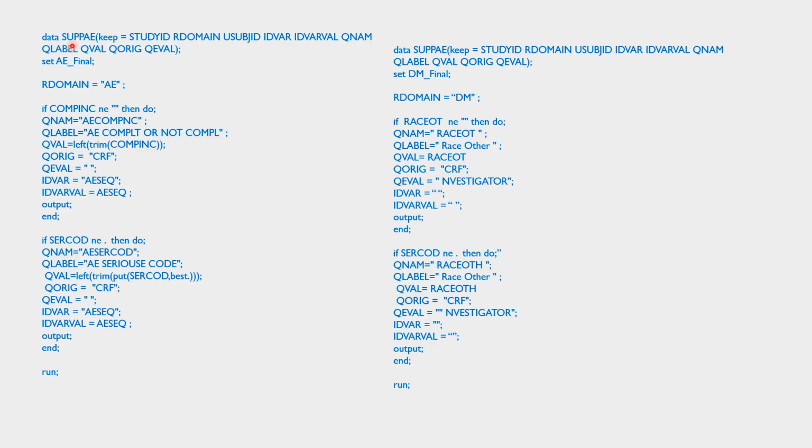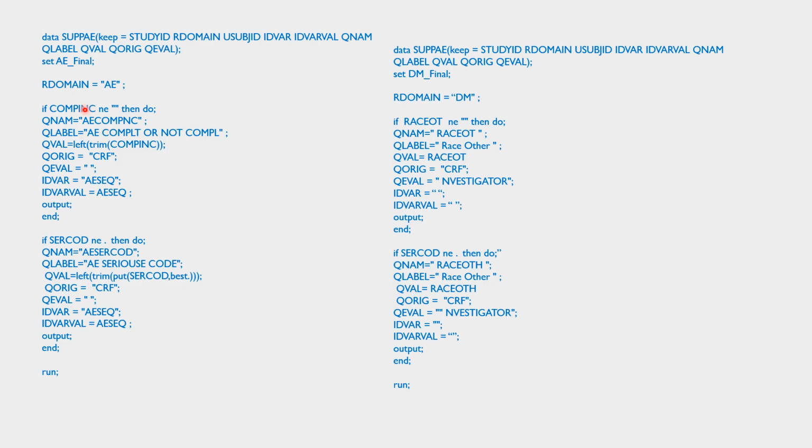First we create a data step, SUBAE, keeping STUDYID, DOMAIN, RDOMAIN, USUBJID, IDVAR, IDVARVAL, QNAM, QLABEL, QVAL, QORIG, QEVAL, from the set AE final. So we need to get the data from AE final. For that we need to create each variable. RDOMAIN is not available in the main domain, so we need to allocate it.